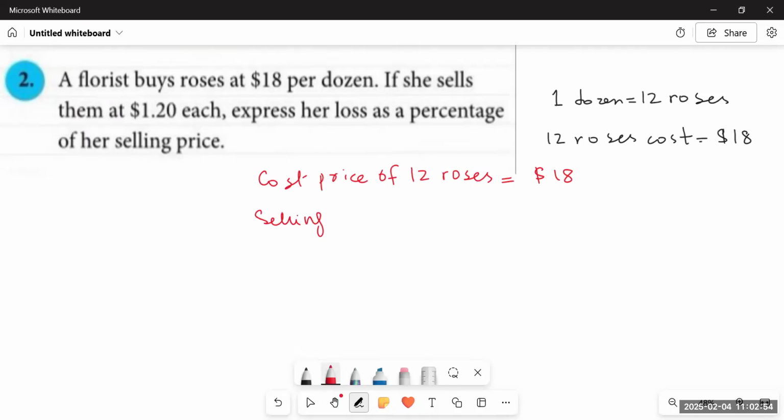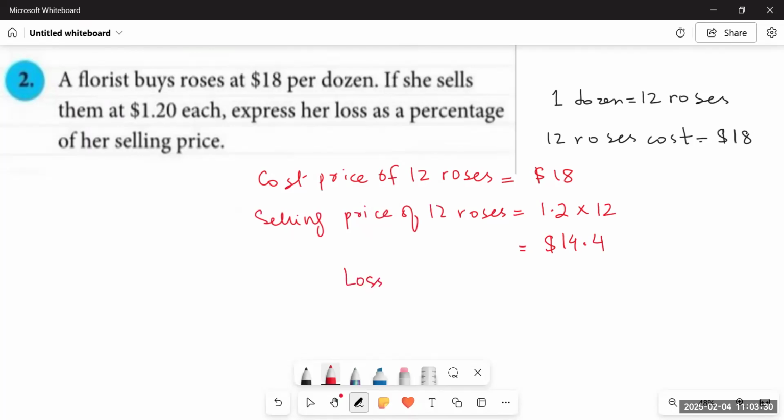If she has sold each at $1.2, it means the selling price of the same number of roses, that is 12 roses, would be 1.2 multiplied by 12. If you multiply 12 by 12, we will get 144. But since there is a point, it would be $14.4. It means the selling price of 12 roses is $14.4, right?